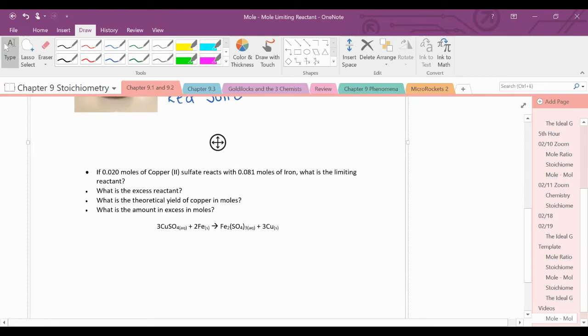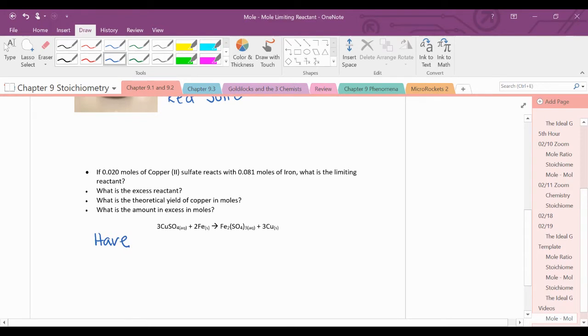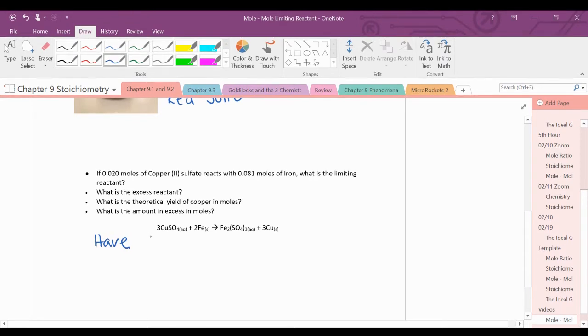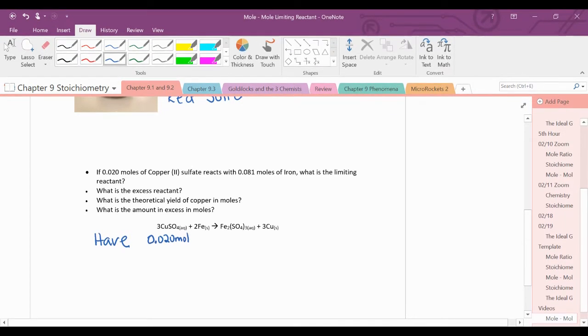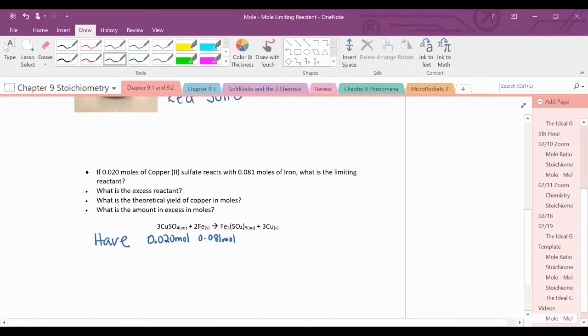So when doing a limiting reactant problem, I like to think about it in terms of what do I have and what do I need? So first, I know that I have 0.020 moles of copper(II) sulfate. I have 0.081 moles of iron.